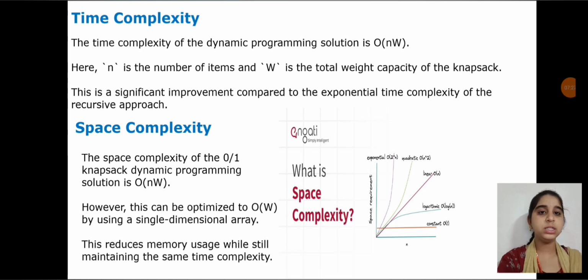Space complexity. The space complexity of the 0/1 knapsack dynamic programming solution is O(NW). However, this can be optimized to O(W) by using a single dimensional array. This reduces memory usage while still maintaining the same time complexity.